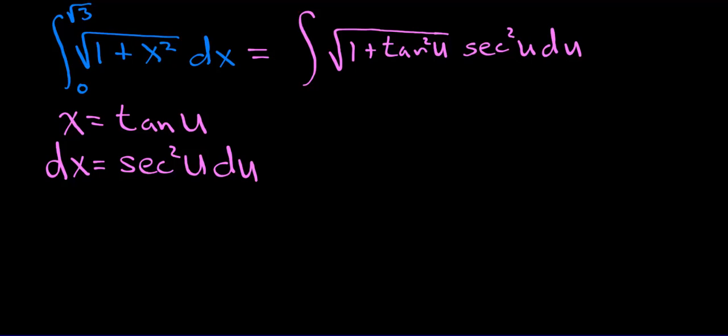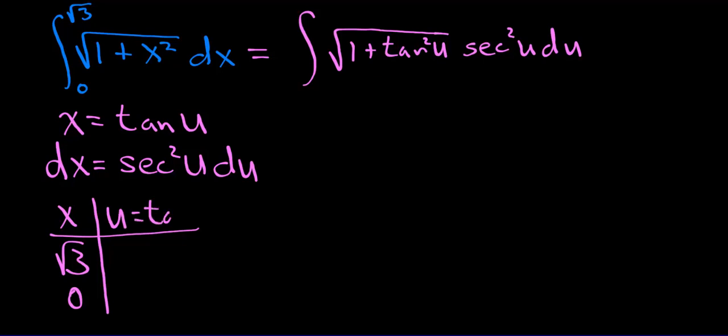That's not the only thing I have to do, because now I have that x goes from 0 to the square root of 3. But my integral is now in terms of u. So what does u do? Well, u is really arctan of x.